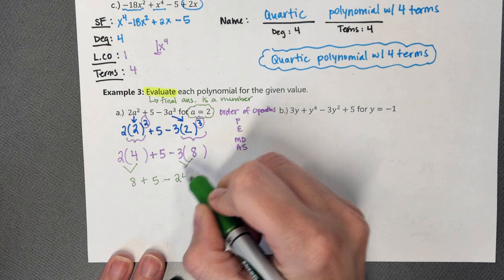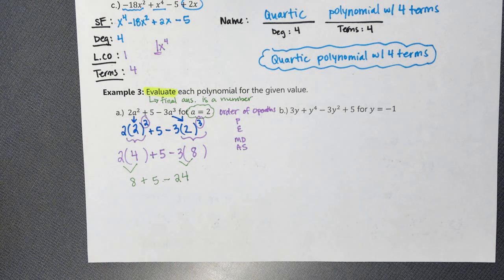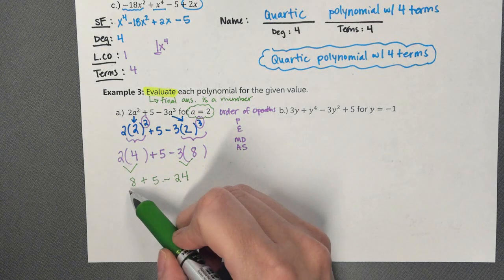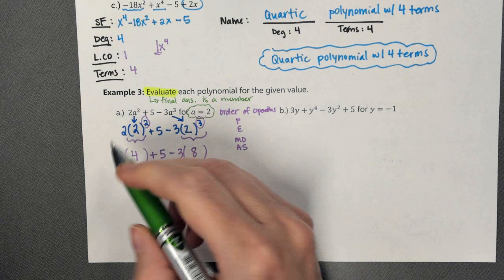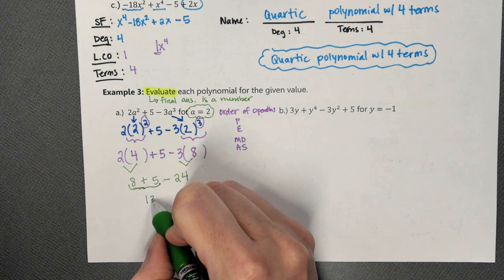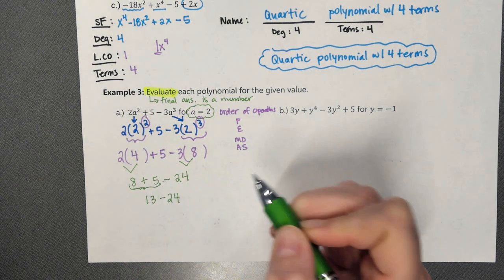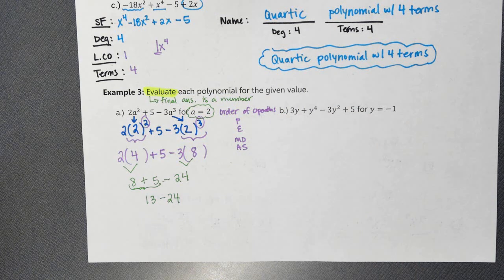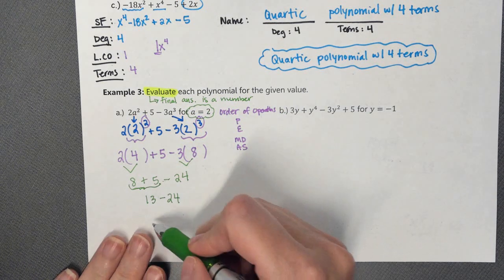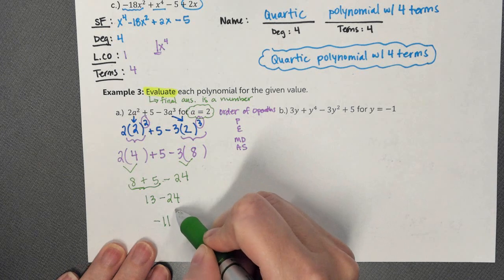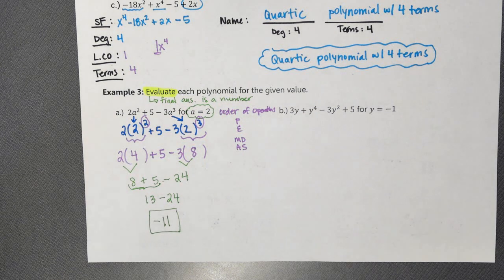If you have a negative and a positive, it'll stay there. Okay, and then that part you can do on your calculator. 8 plus 5 is 13. You could also do 13 minus 24. Okay, so you have negative 11.